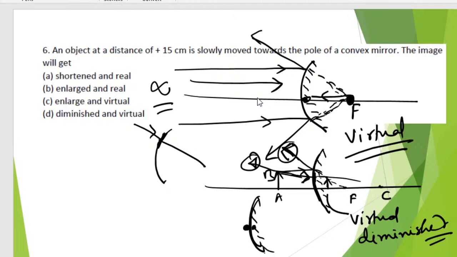Enlarged and real is also wrong, because it is not enlarged and not real. Option C says enlarged and virtual; virtual is true but not enlarged. Option D says diminished and virtual. So ultimately D is correct, good.